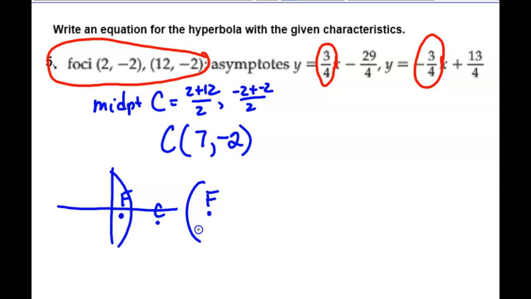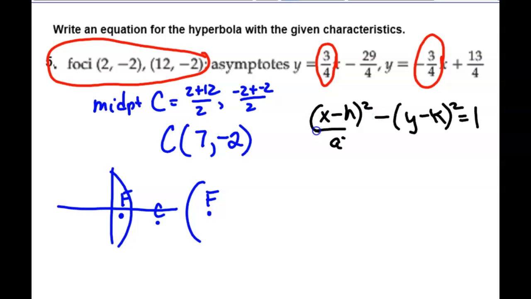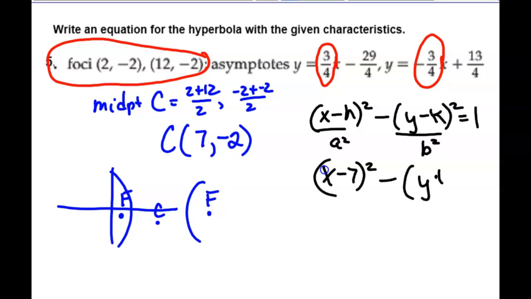But what do you know about how the equation looks? Yes. (x minus h) squared, (y minus k), because we know it opens sideways. All right. And it's x minus 7 and y plus 2.